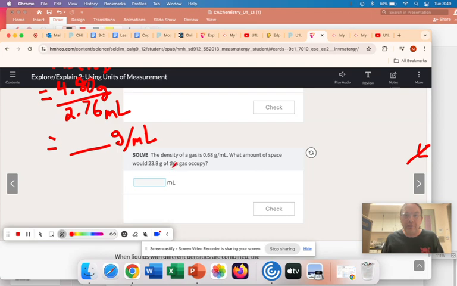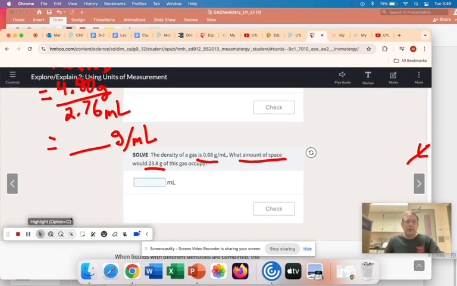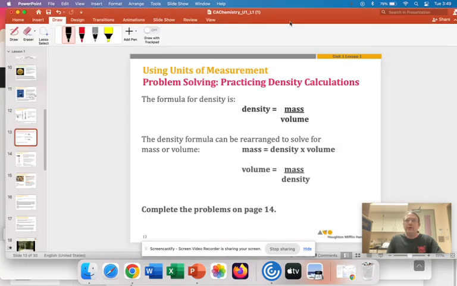Lastly, if I know the density and the mass, and I want to know the volume, how much space would this gas occupy? So let's go back and recall that to calculate volume, I do mass divided by density.